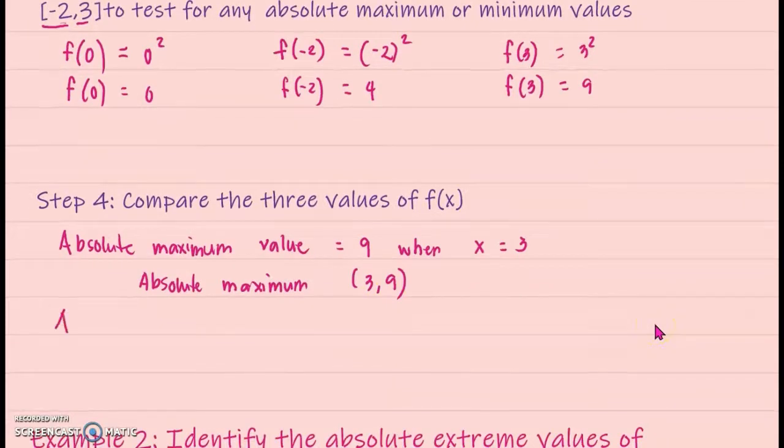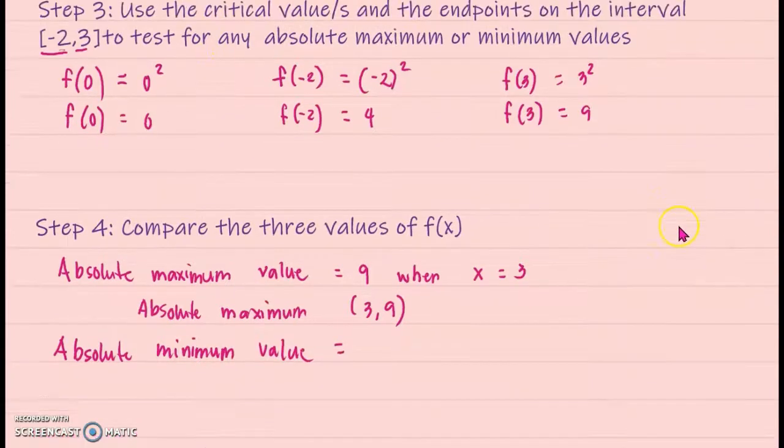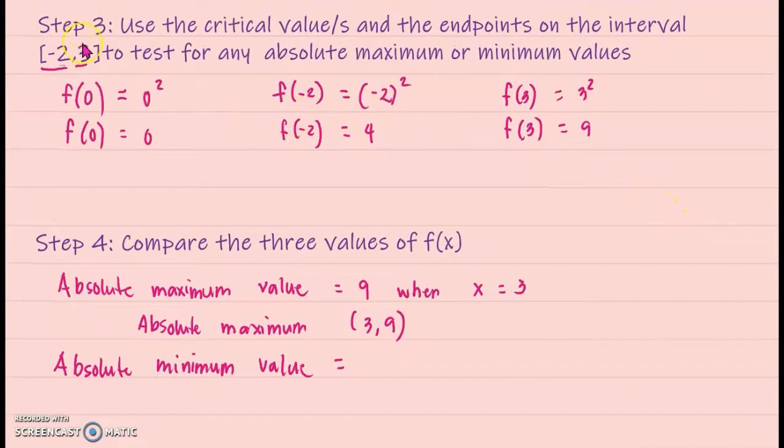And for the absolute minimum value, go back to your results in step 3, find which value of f of x is the smallest value. So we have here 0. So your absolute minimum value is 0.